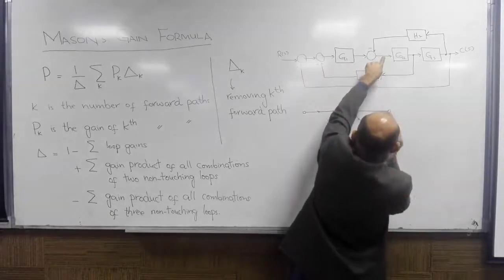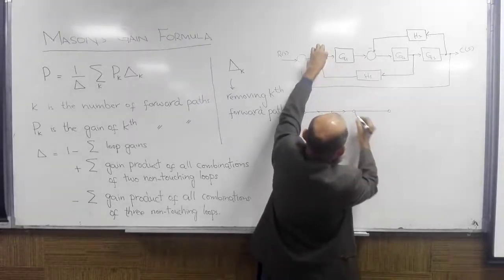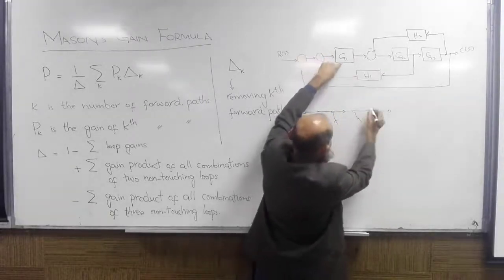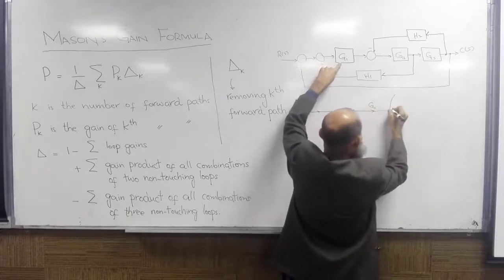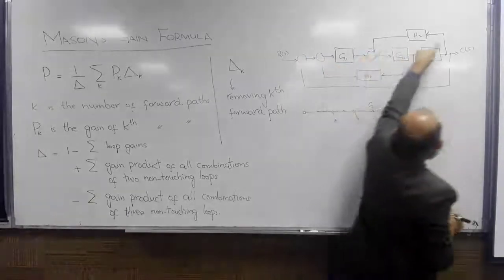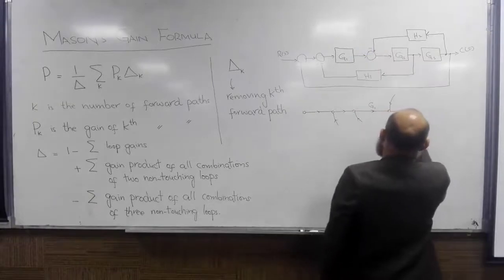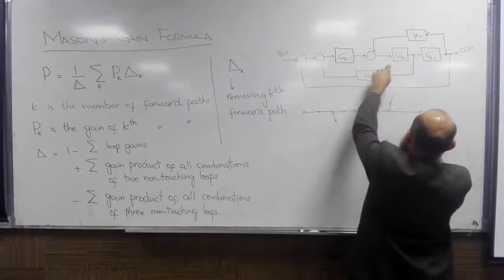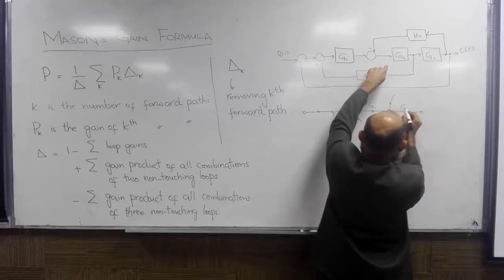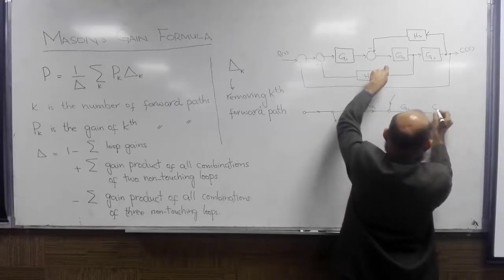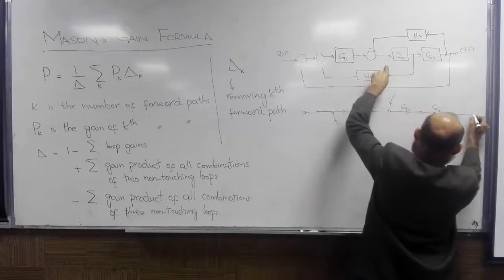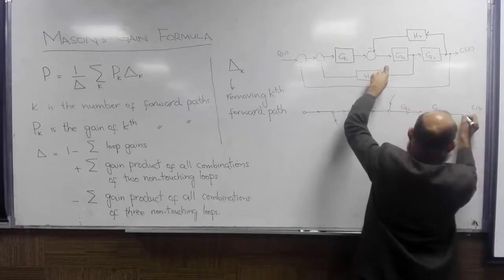This signal is this signal multiplied by G1 and then added up with this signal which comes from here, and then this signal G2, G3, and here is C of S.